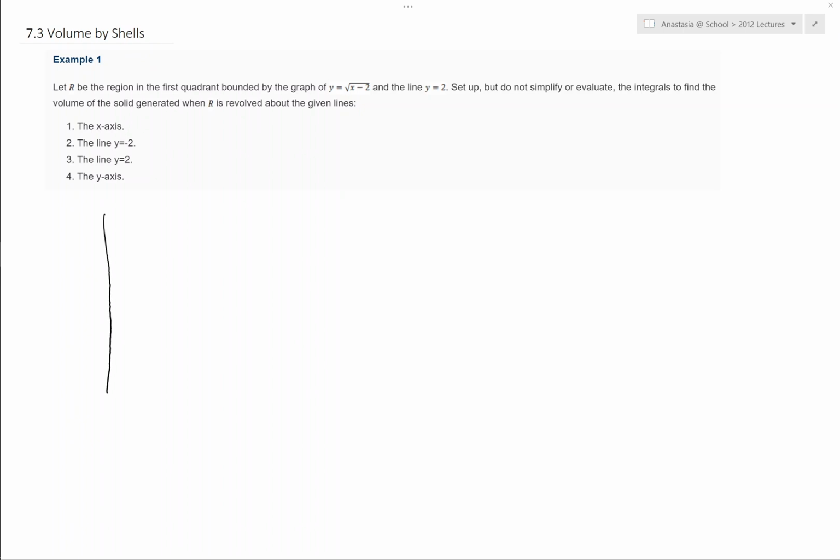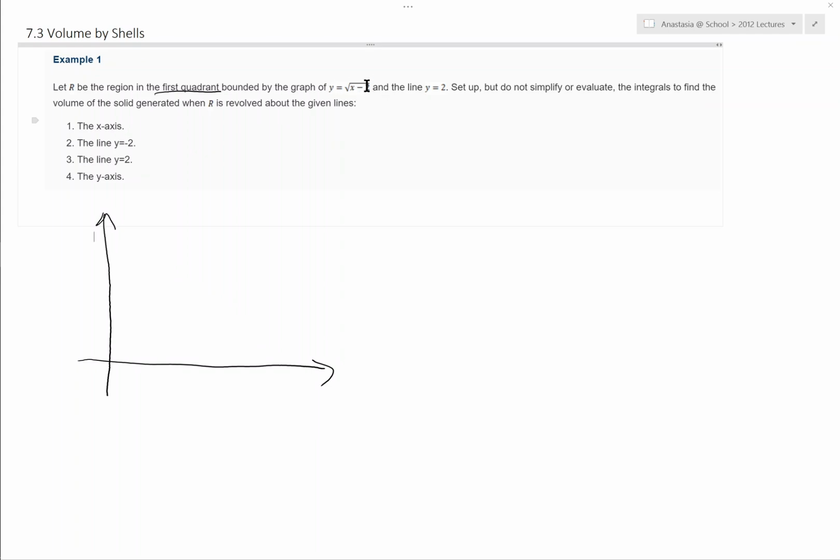So starting off, we want something in the first quadrant, first of all. So all I'm going to draw here with our coordinate axes is the first quadrant. Then we're going to have the curve y equals the square root of x minus 2.